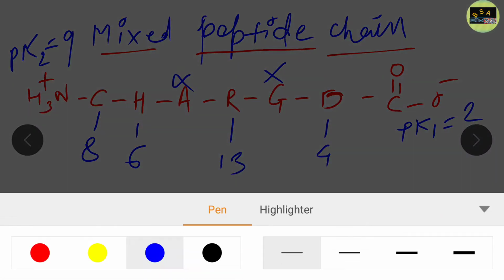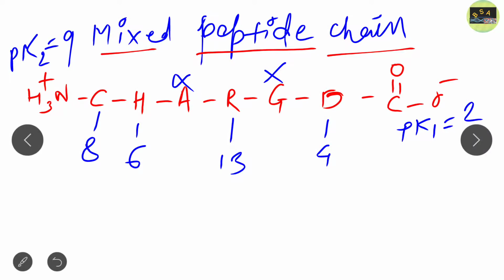Now how can we calculate the isoelectric point of this mixed peptide chain, where you can find out that there are lots of pKr values along with the pK1 and pK2? These all are pKr values of the ionizable amino acids.